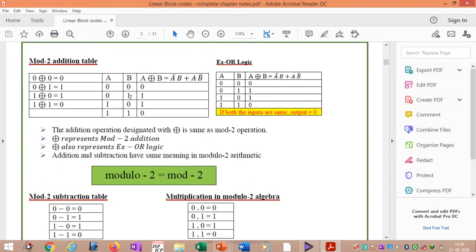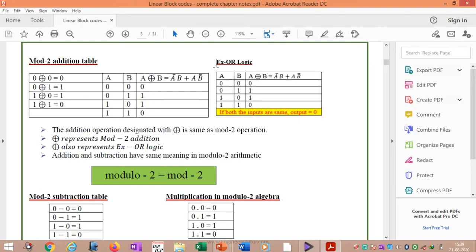The rules for mod 2 addition are like this. Modulo 2 addition is nothing but an exclusive OR logic operation. 0 plus 0 is 0, 0 plus 1 is 1, 1 plus 0 becomes 1, 1 plus 1 becomes 0.